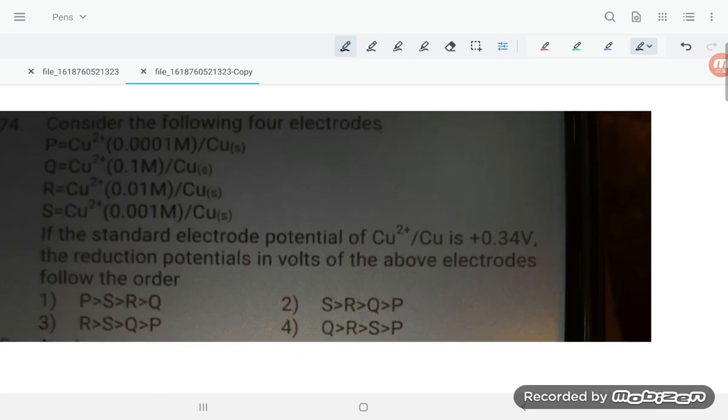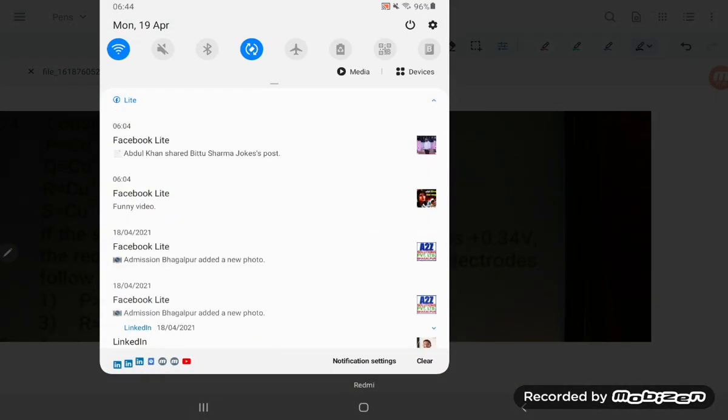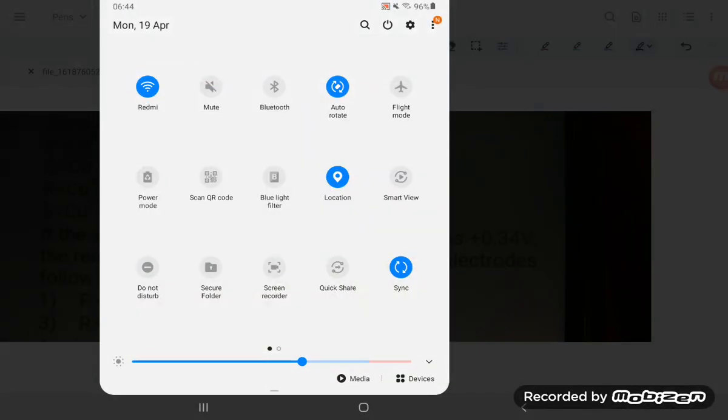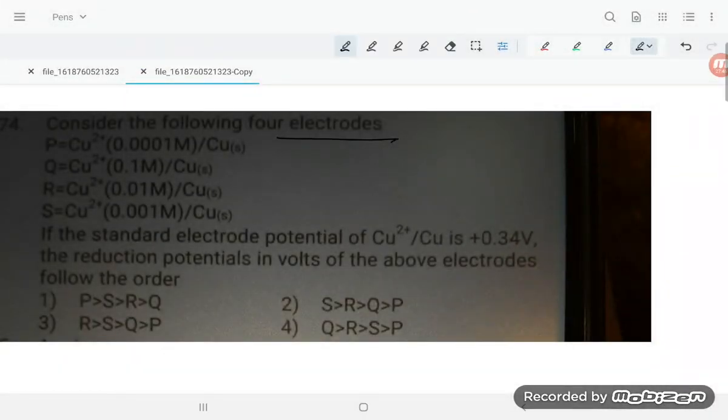Okay, this is what they are saying, students. Some aqueous solutions are there, and they have given the concentration. They are asking, consider the following: P, Q, R, S and their concentrations are given.